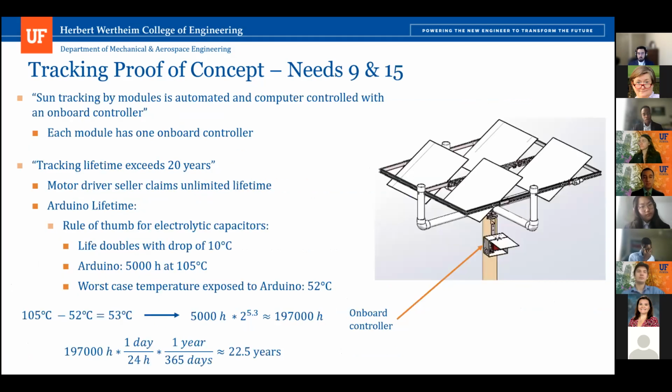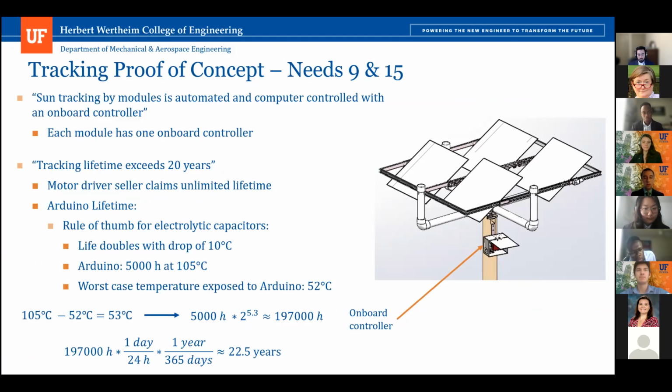So here you've got a maximum lifetime for 52-degree temperatures, doubling for every 10 degrees, and that's how you're calculating the lifetime. I really appreciate you thinking about that, because some other groups I've seen say, oh, Arduino can operate at 100 degrees C, and our box is under 100 degrees C, so it's good. And that's not all there is to it.